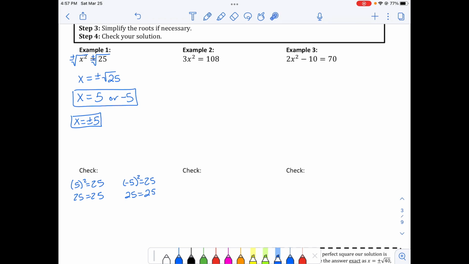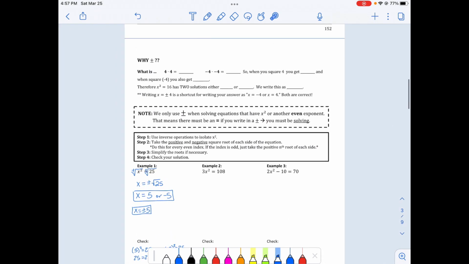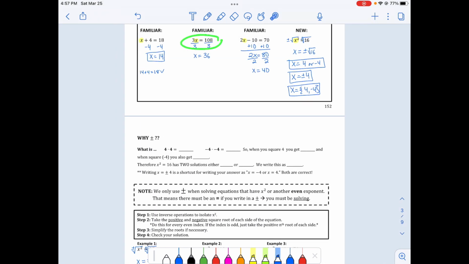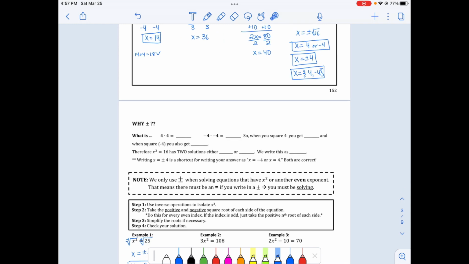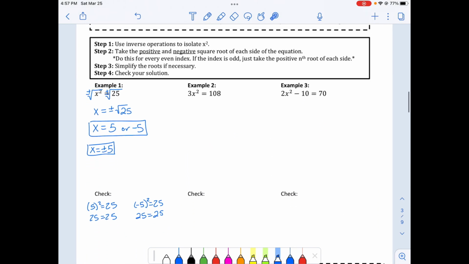So the next problem says 3x squared equals 108. This looks very familiar to where we did 3x equals 108 up here. So we're going to use the same inverse operation here. We're going to divide both sides by 3 to get x squared equals 36. And now we just have one more step than we had before.